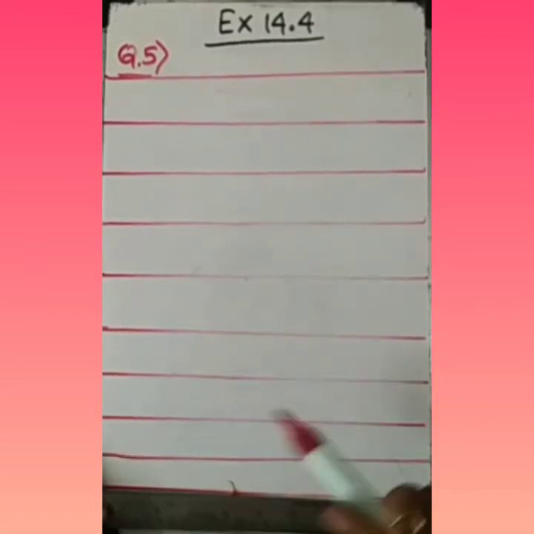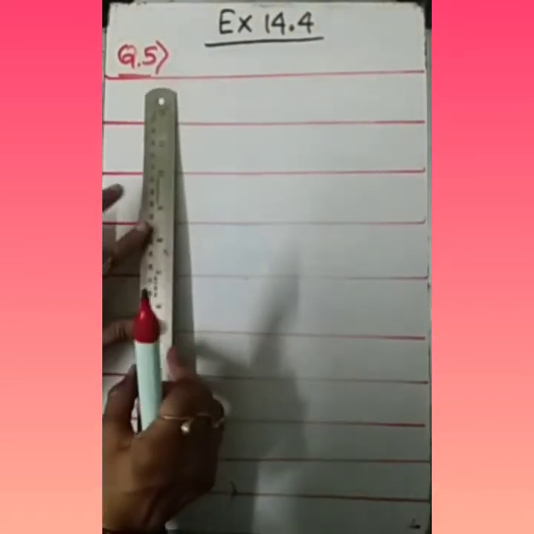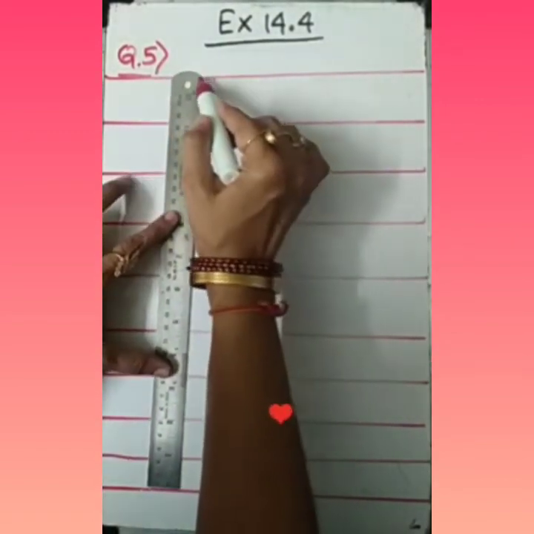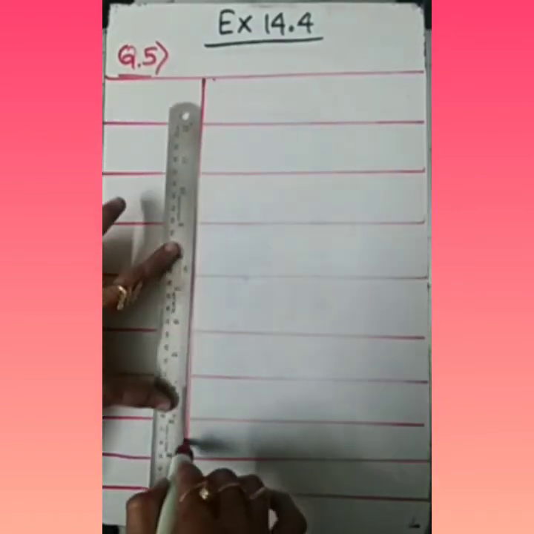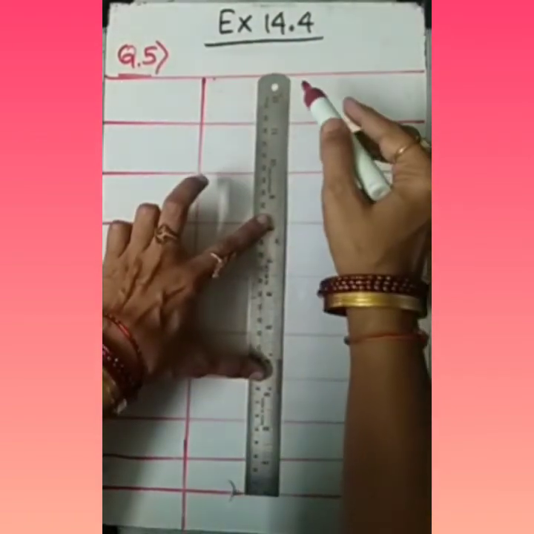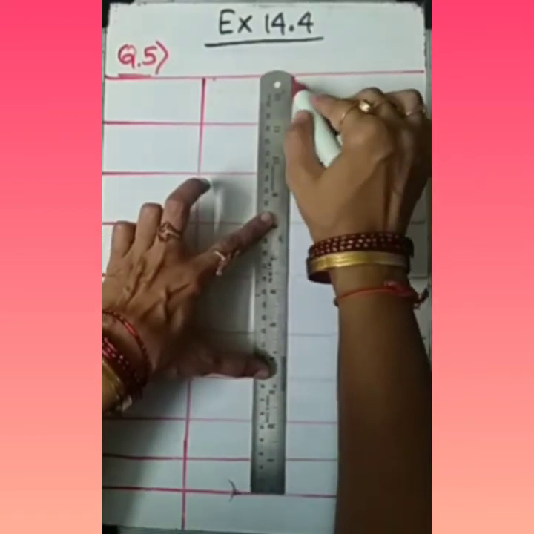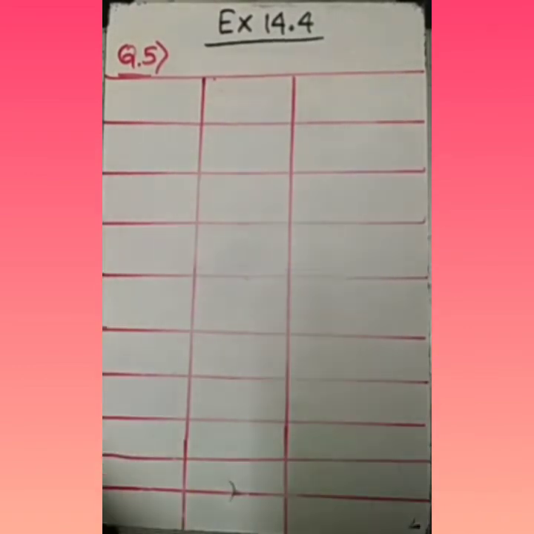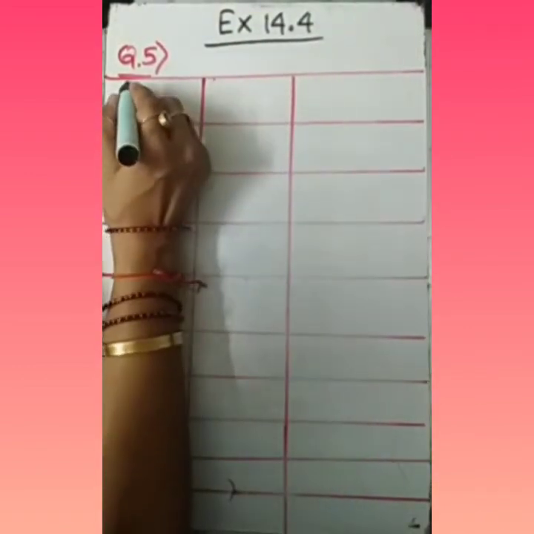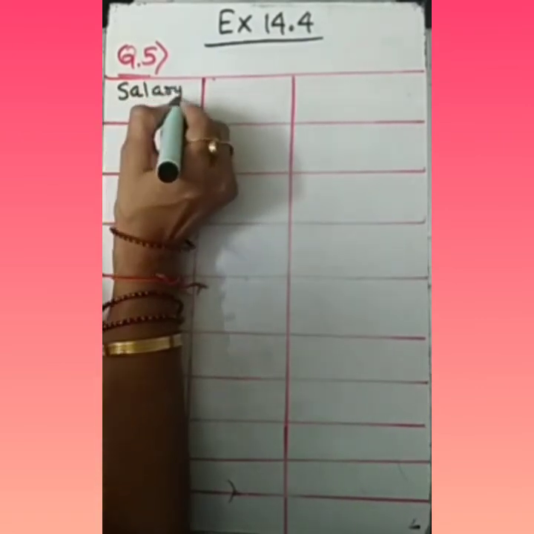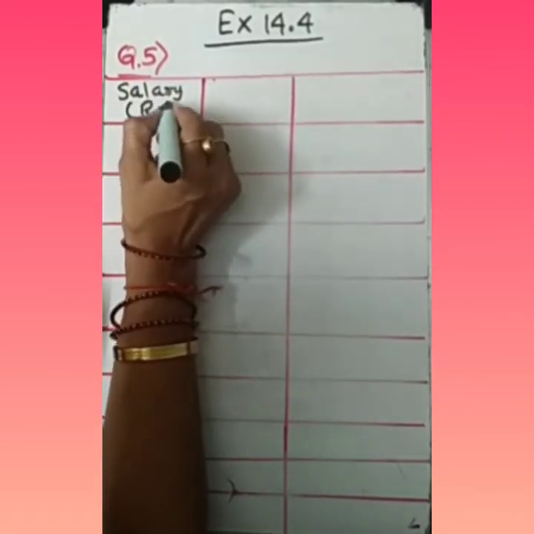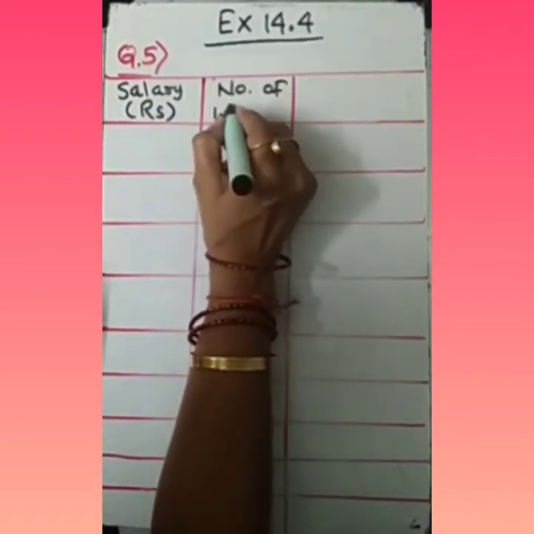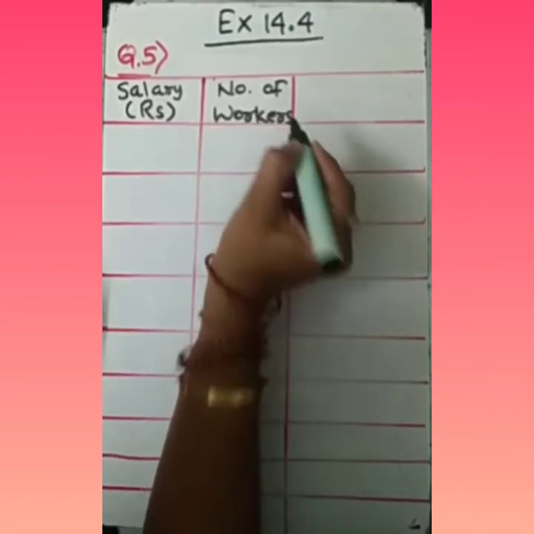In the first column, salary in rupees is already given, so we will mention it here. And here we will mention the number of workers. Draw the table carefully. The salary of the workers is given in rupees, and the number of workers will be considered as the frequency.